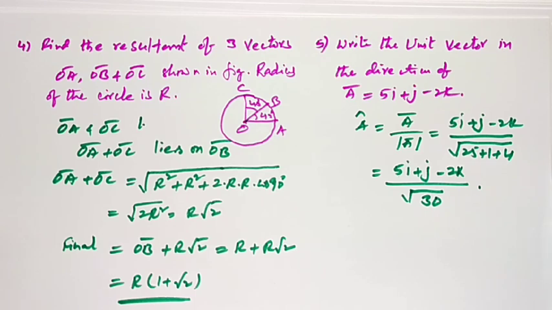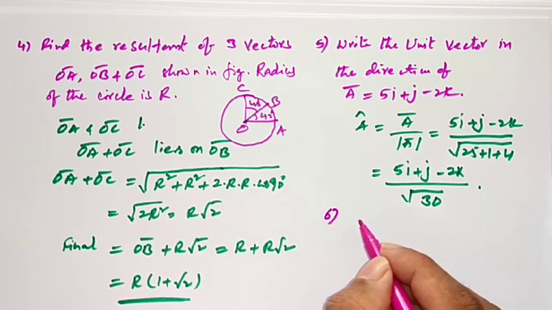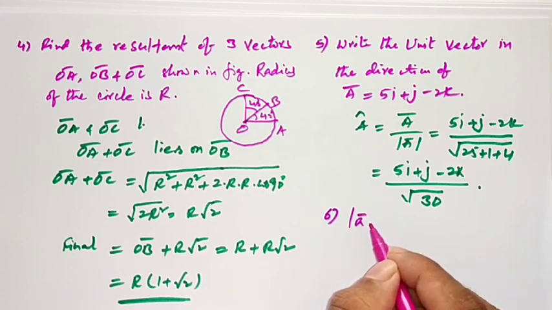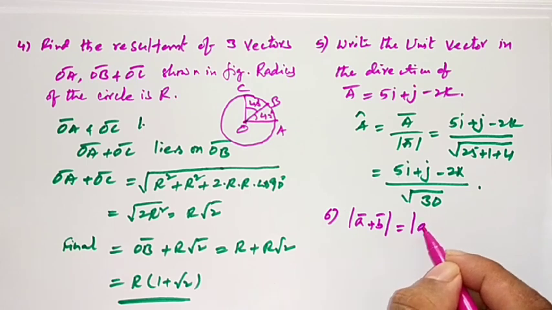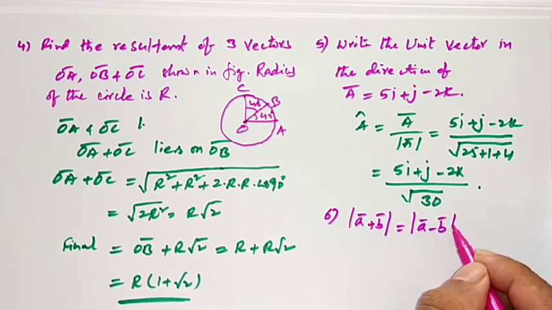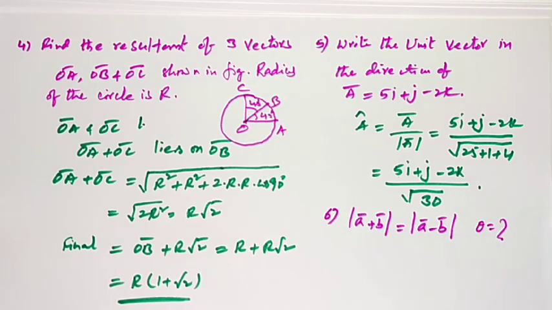Clear? Yeah, very good. Next, let us see the sixth question. Modulus of A plus B is equal to modulus of A minus B. Then what is the angle between the two vectors A and B? What is given?